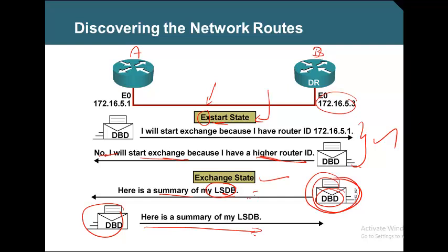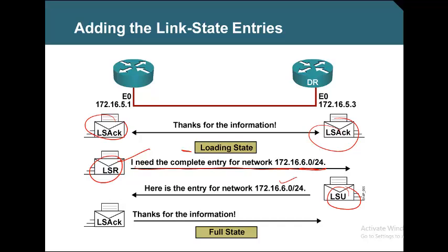After the exchange of DBD, if there is a query, they go to loading state where they send LSR asking for more detailed information for some prefixes. Once the synchronization is done, they attain full state by sending acknowledgement.